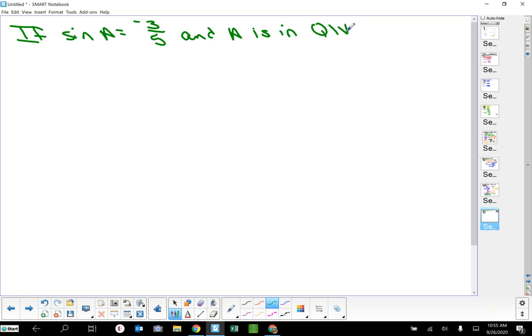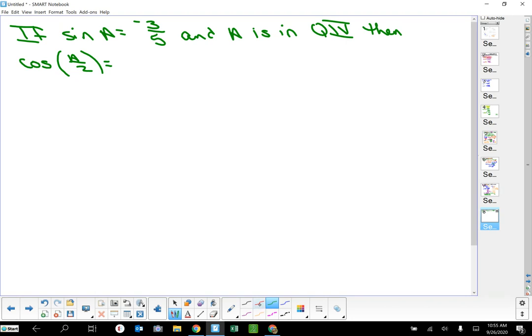Oh, why are all these in quadrant 4? That's weird. You realize that's not always going to happen, right? Then find cosine of A over 2.